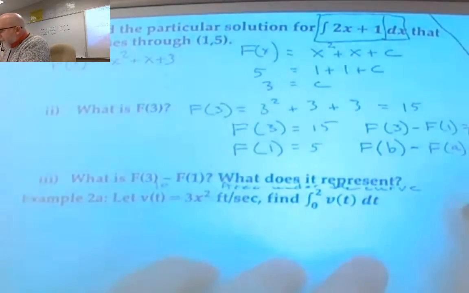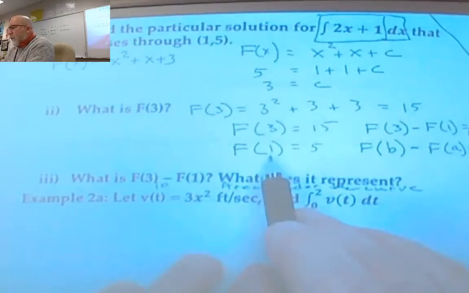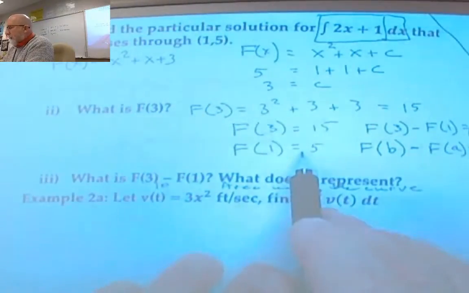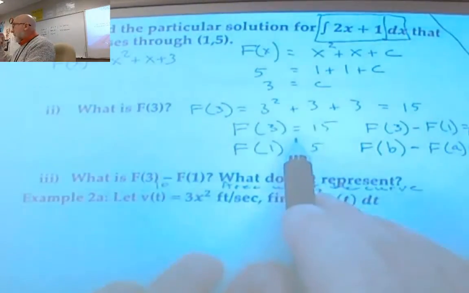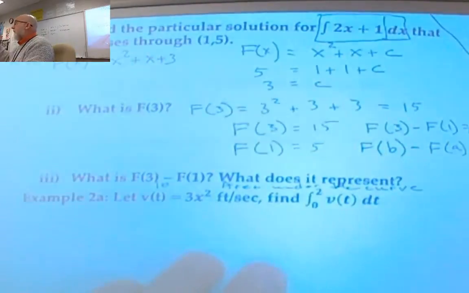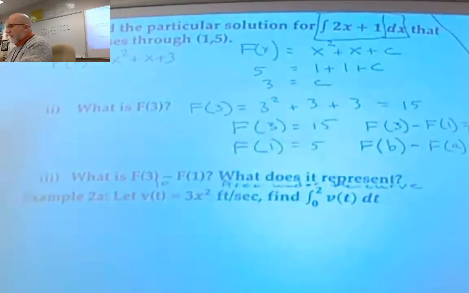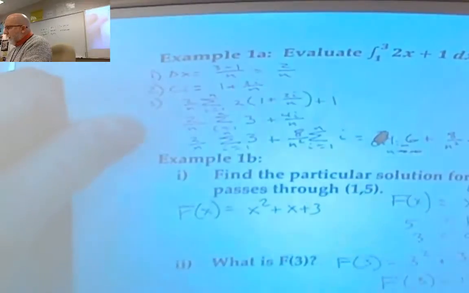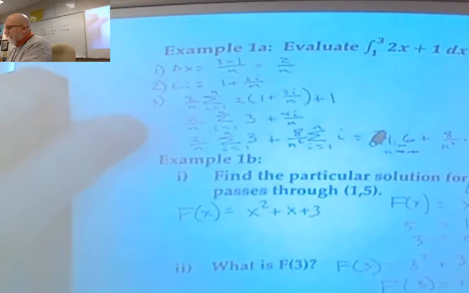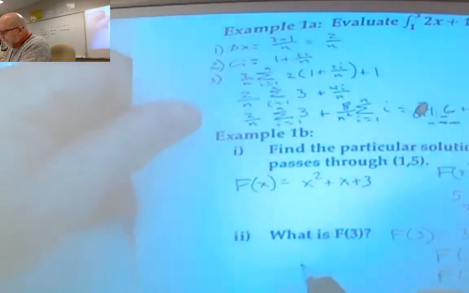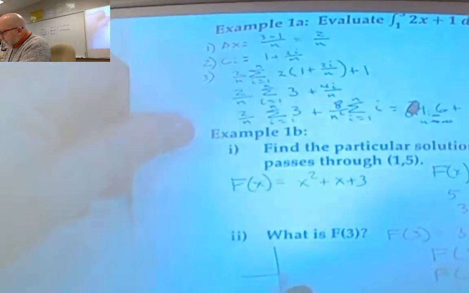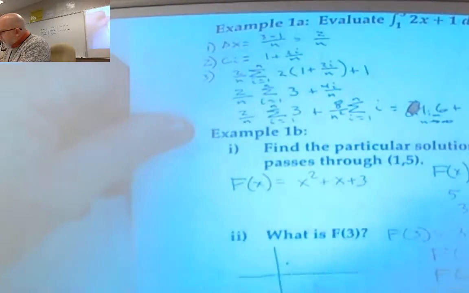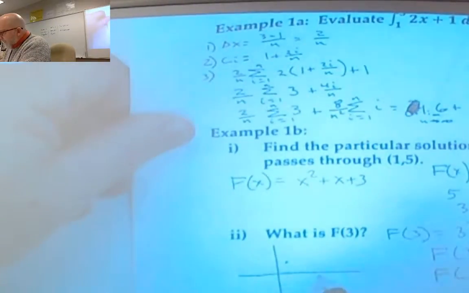It is also this. Here I have a point, (1, 5). Here I have a point, (3, 15), correct? The y's have a certain distance apart, aren't they? In other words, if I would graph, right here is (1, 5), and here is (3, 15).